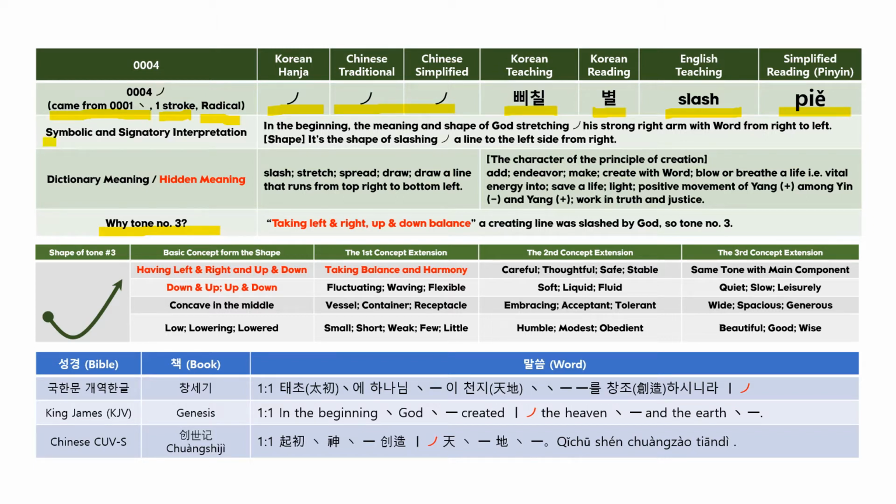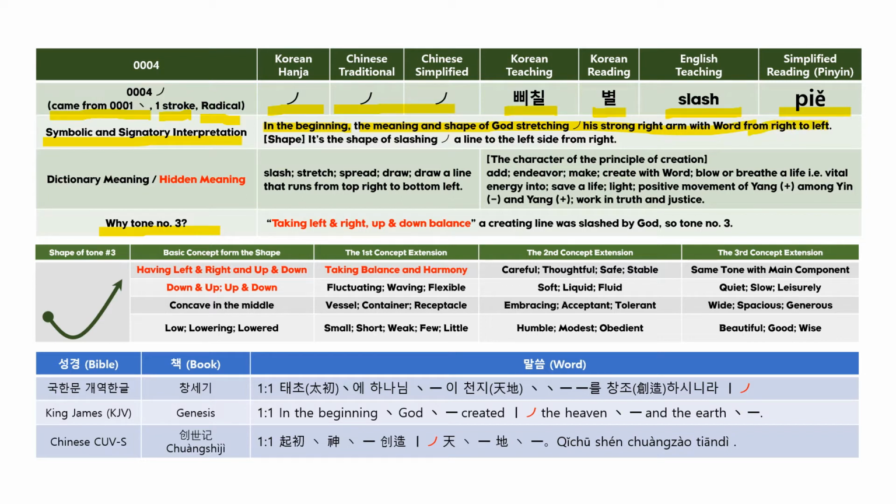My symbolic interpretation. In the beginning, the meaning and shape of God's stretching His strong arm, strong right arm, with word from right to left.